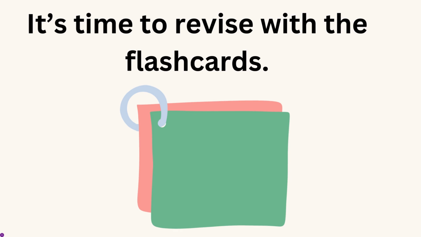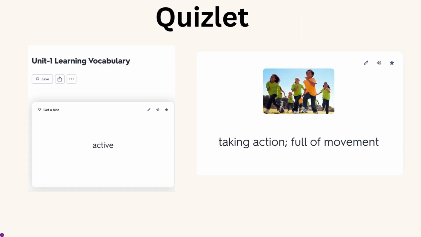Now it's time to revise the words that we have learned with the flashcard. In Quizlet, you can revise all the words that you have learned: active, synonyms, antonyms, routine, like this. On one side of the card, you can see the word, the term, and on the other side of the card, you can see the meaning and the definition.